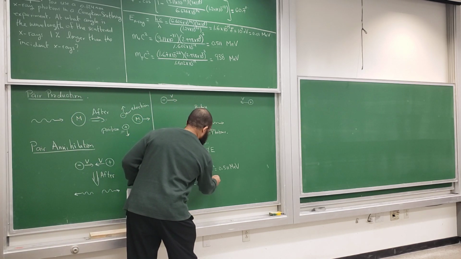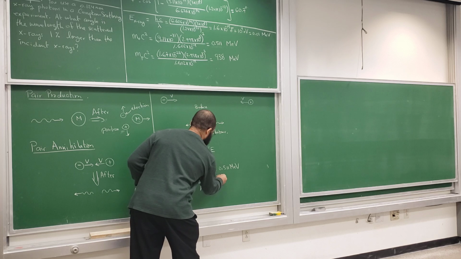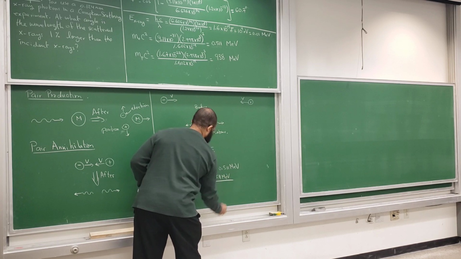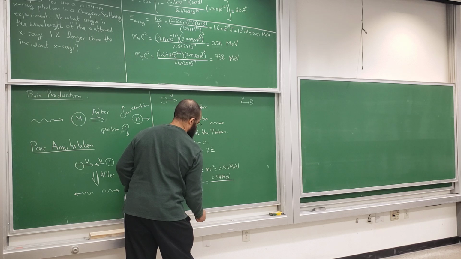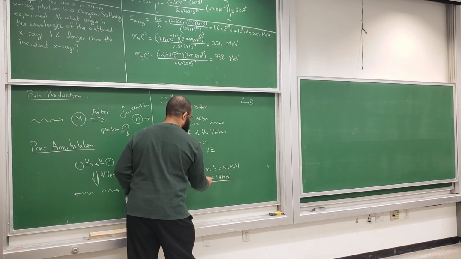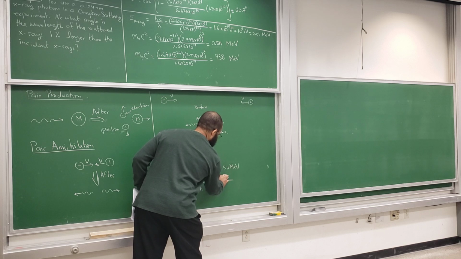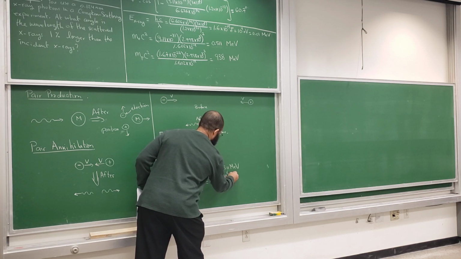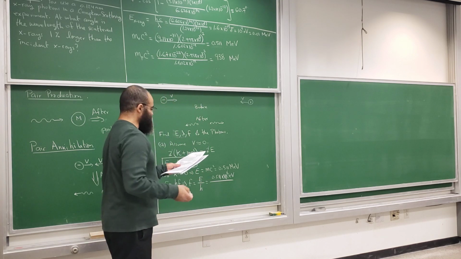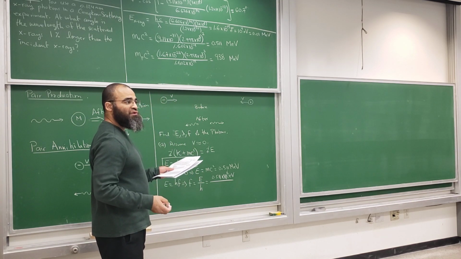So the energy is 0.511 MeV, which is eV times 10 to the 6th. And h is 6.626 times 10 to the minus 34 joule seconds.